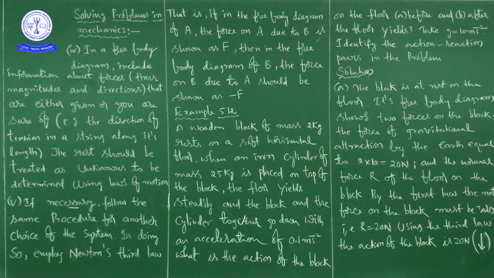So if one is capital F, the other one is minus F. You have to remember that the force on A due to B is F means the force on B due to A is minus F. So in the fifth step, he is saying follow the same procedure for the different systems you assumed in the given problem or situation, whatever it may be.